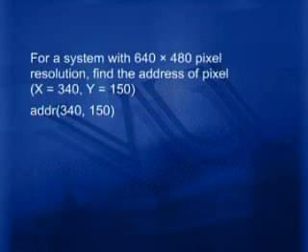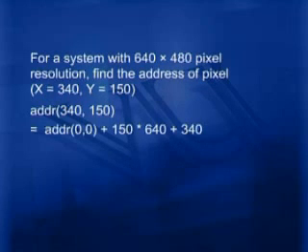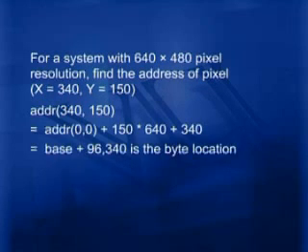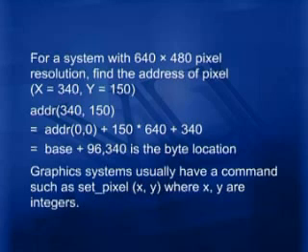Elaborating on the same, for a system with 640/480 pixels resolution, if we need to find the address of the pixel x 340 y 150, then the address of this xy pixel can be calculated as the address of the starting pixel 0,0 plus 150, which is the number of rows because y is 150, times 640, which is the total number of pixels per row or per scan line, plus 340, which is the value of x where we want to place our pixel.